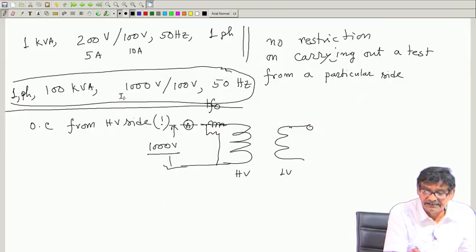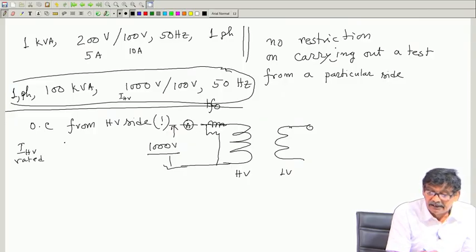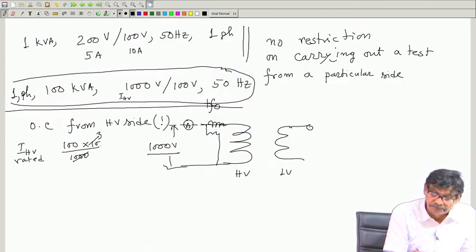IHV rated is how much? 100 kVA divided by 1000 volt, that is 100 into 10 to the power 3 volt ampere divided by 1000. So, 100 ampere.